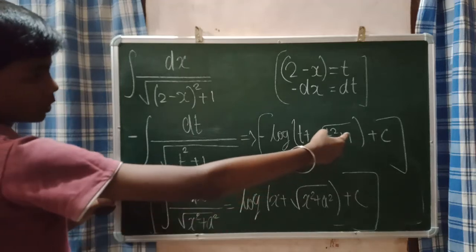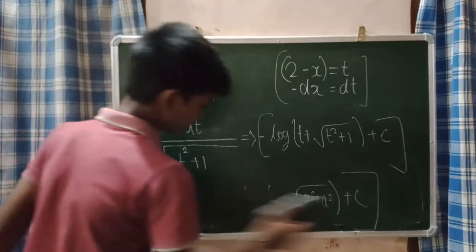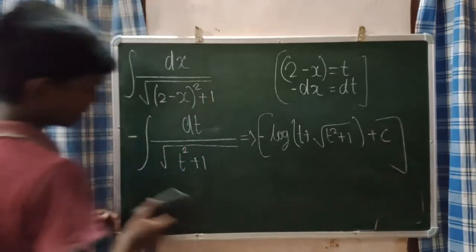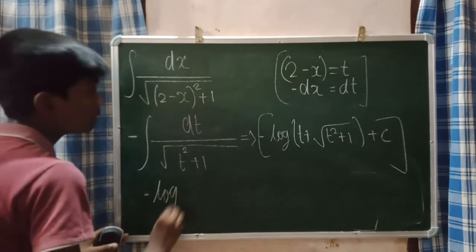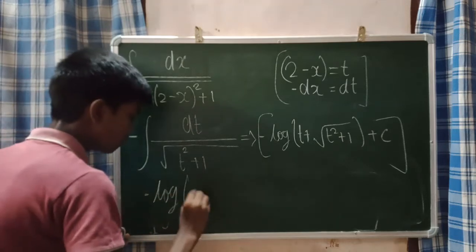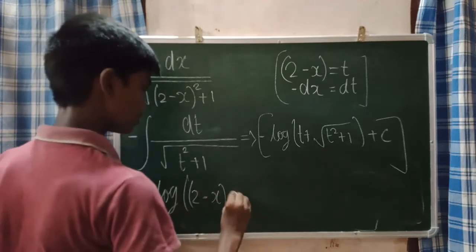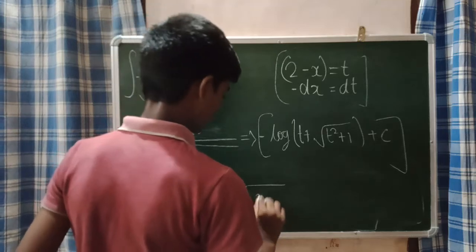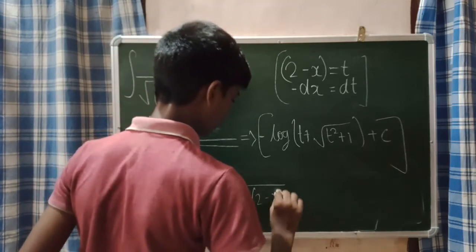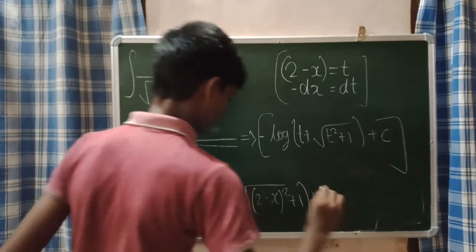So t square plus 1 square is t square plus 1. Now what did we take as t? We took t as 2 minus x. So log of 2 minus x plus the square root of (2 minus x) whole square plus 1, then plus some constant.